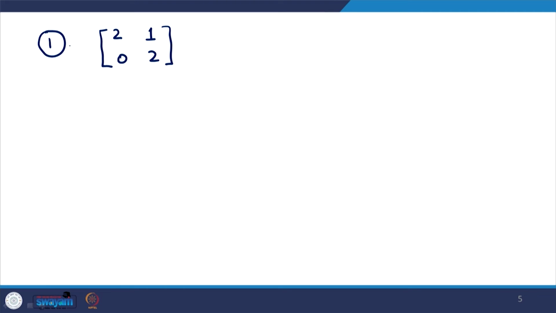It is a Jordan block of size 2 corresponding to eigenvalue 2. Its characteristic polynomial, C_J(lambda), is just (lambda minus 2) squared. So the eigenvalue of the Jordan block is 2 with algebraic multiplicity 2. Similarly, the geometric multiplicity of a Jordan block equals 1.